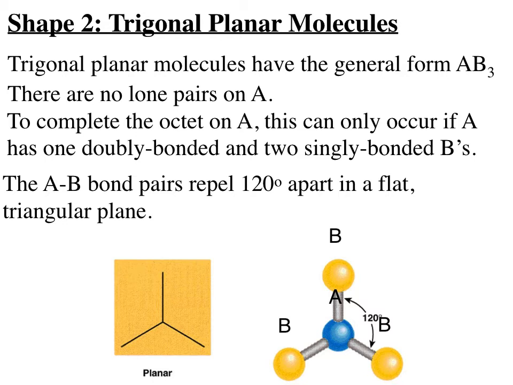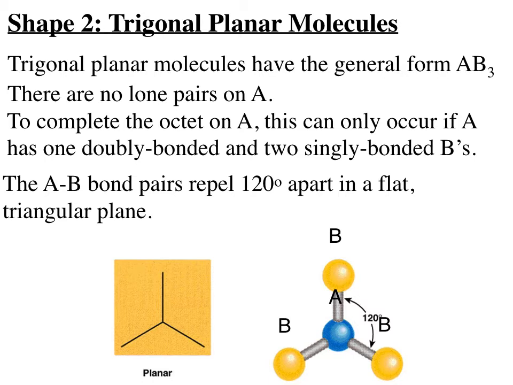That doesn't work on the central atom. What if I instead have a single bond, triple bond situation? Triple bonds are 6 electrons. 2 single bonds are 4 more electrons. That'd be 10 electrons on the central A. That doesn't work either.